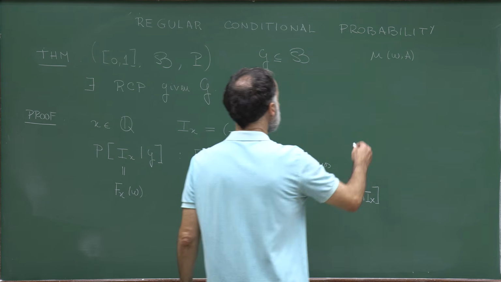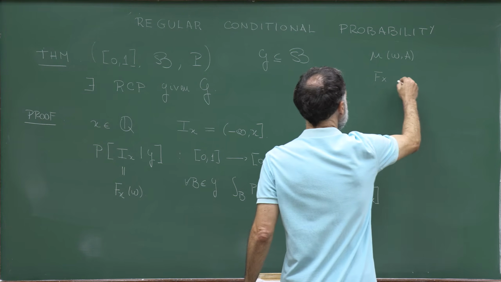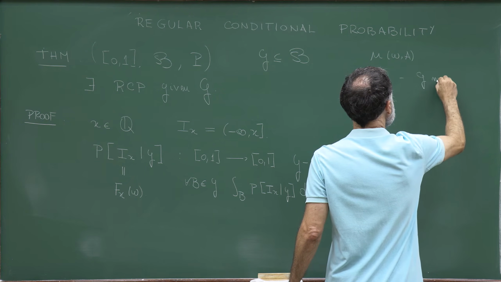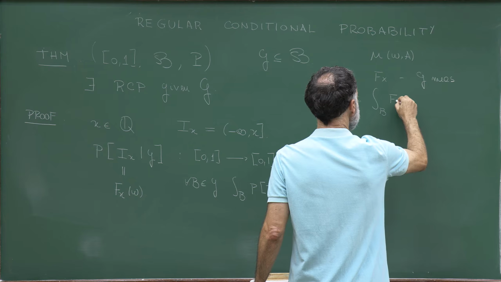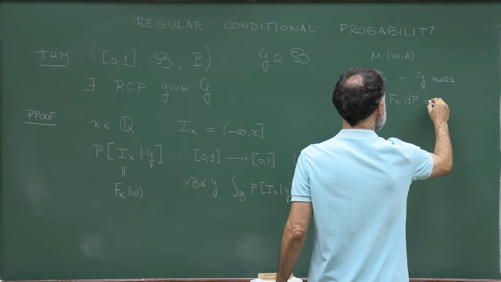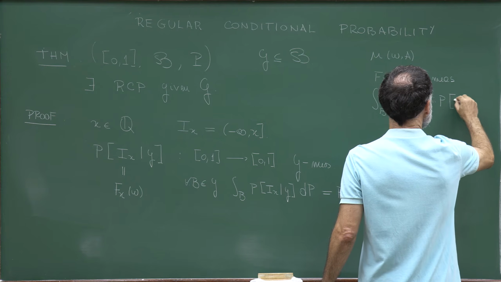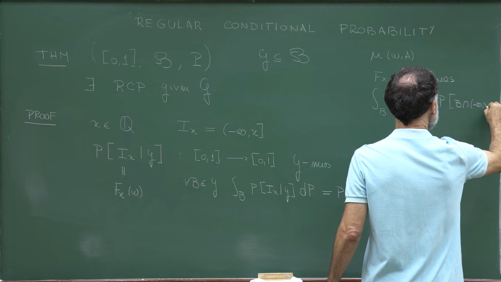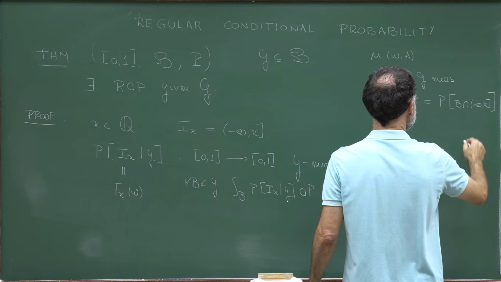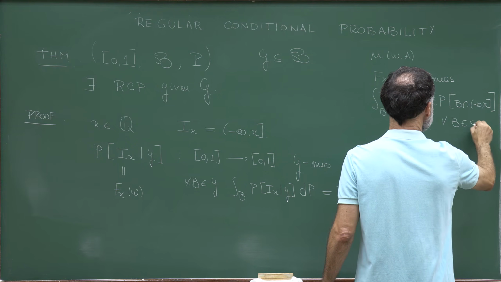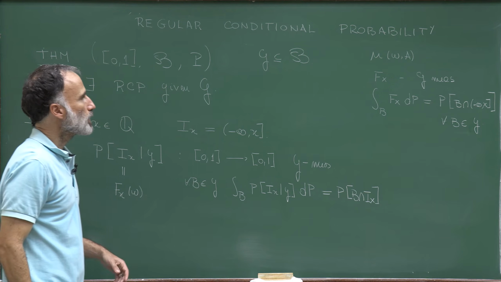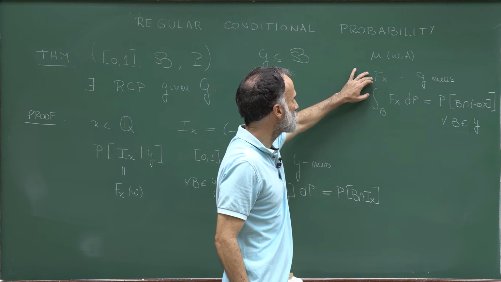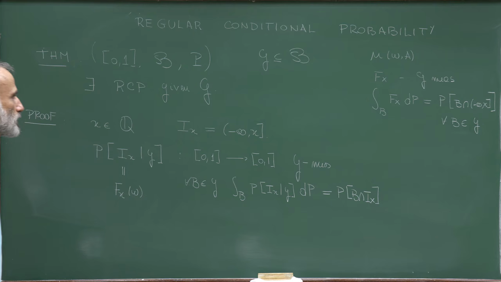Let me rewrite this. fx is G measurable, and the integral over the set B of fx dP is equal to the probability of B intersection (minus infinity, x) for all B in G. These are the properties which define this function fx: it is G measurable, and it satisfies this identity.